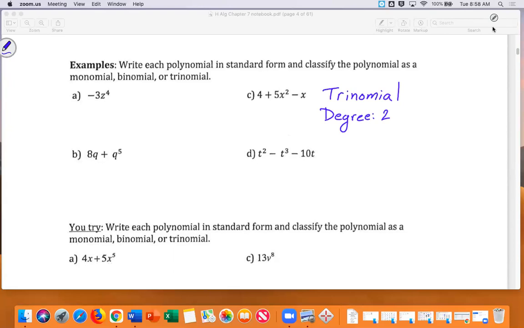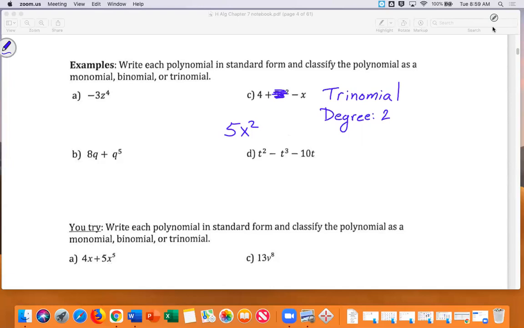Now, standard form comes from me establishing my degree. Once I've determined my degree is 2, that term gets written first. So it's going to be written as 5x squared. Now I have to find the next highest degree, the thing with the next largest exponent.